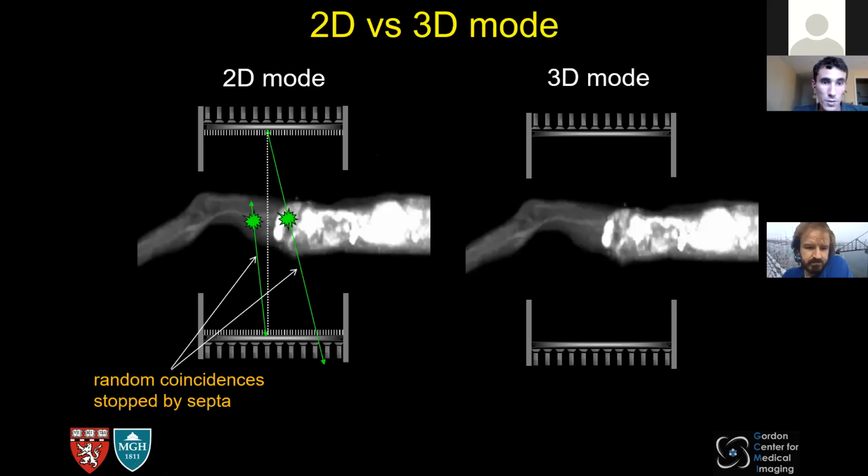Randoms, of course, you're going to have more in the 3D mode, because you have all these randoms here that can contribute to your data as well, while those would be blocked by the septas. So you're going to have more randoms in 3D as compared to 2D.